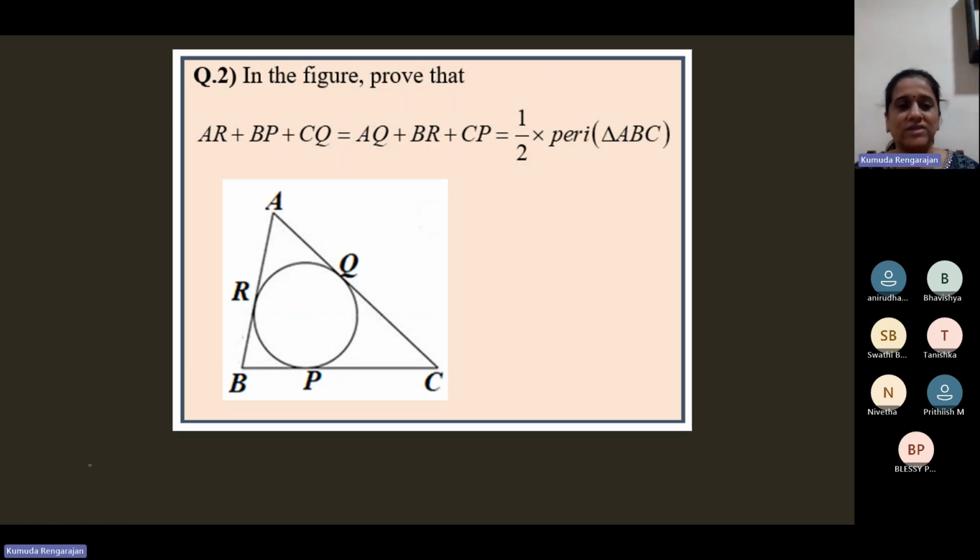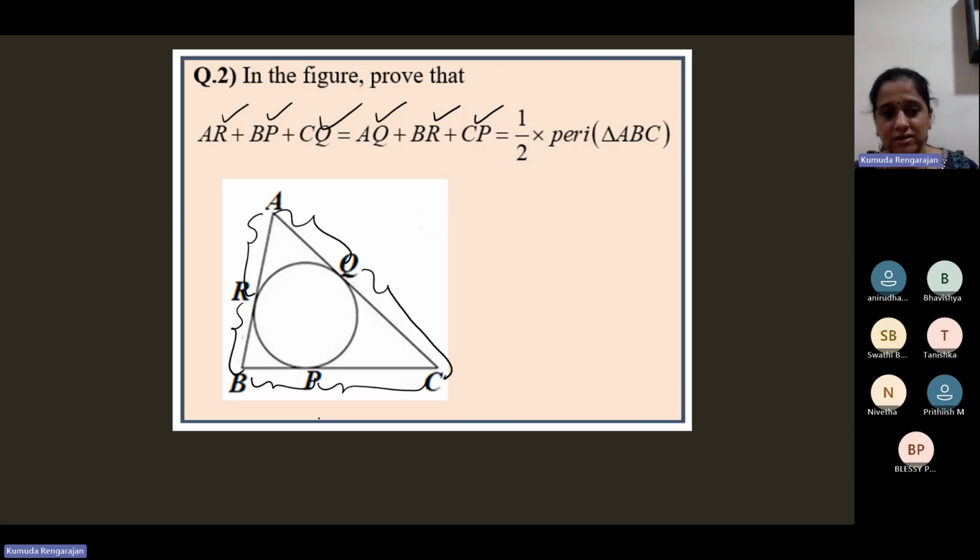The triangle has three sides, but we can see six segments: AR, BR, BP, CP, AQ, and CQ.